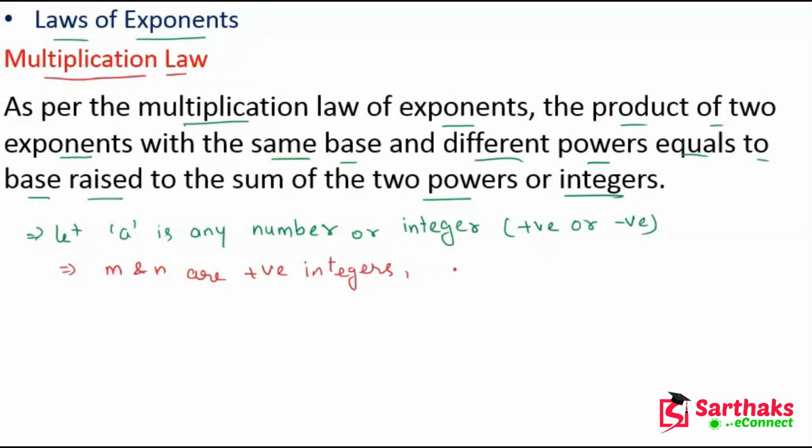Which denote the power to the bases. Now according to this statement, the product of two exponents with the same base and different powers: a raised to power m into a raised to power n.